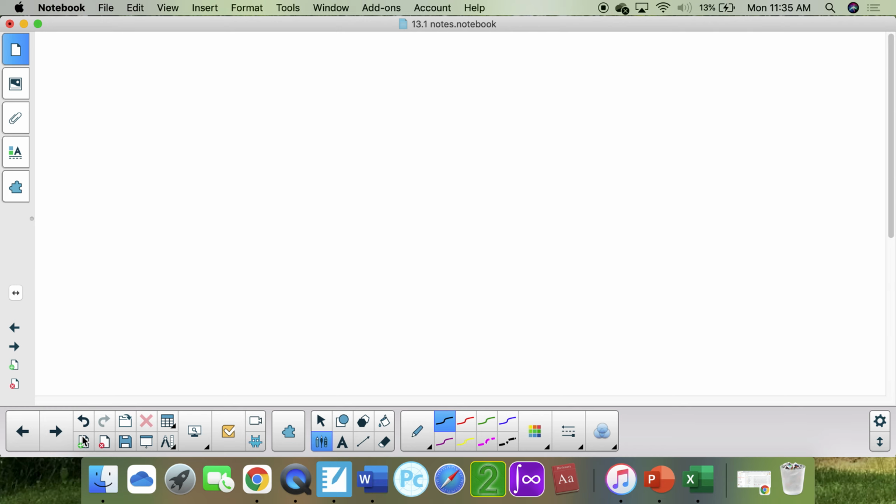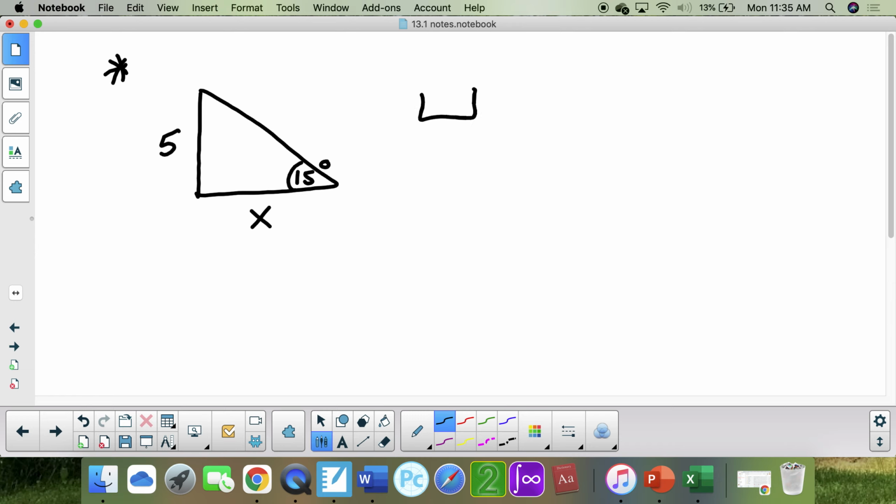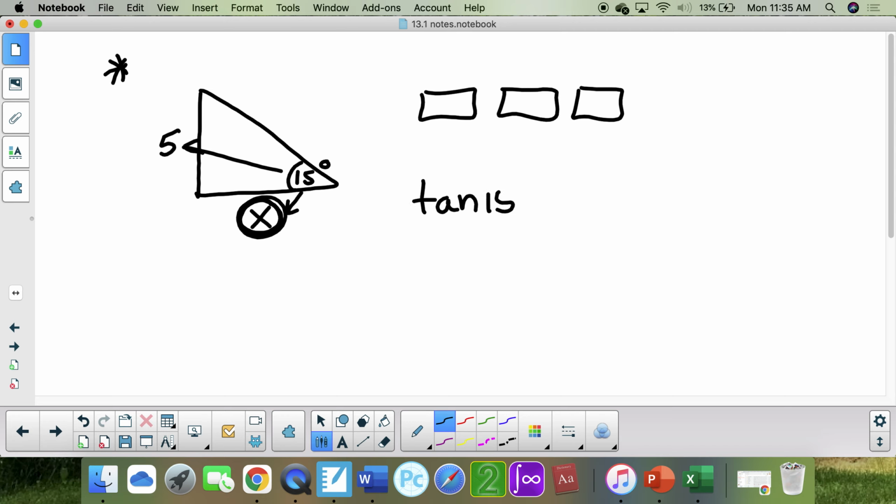Let's do one more. This one's important. Let's say that this is 15 degrees and this is 5, and we're trying to find x. This is an important one, so watch carefully. If we're trying to find the side, remember, we just have to use the major buttons because we're trying to find the side. Well, we know the side opposite and the adjacent, so we're going to do the tangent of 15. Side opposite over adjacent.